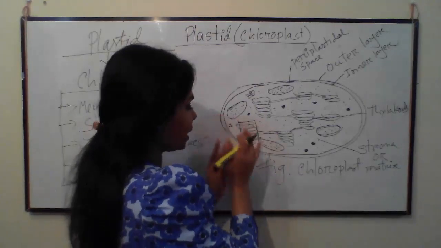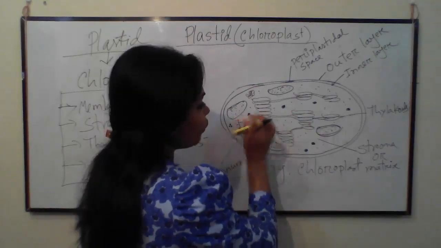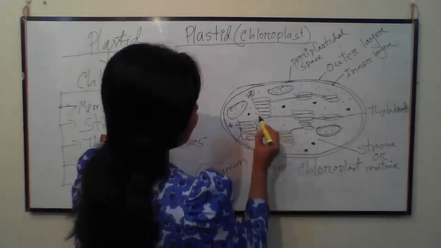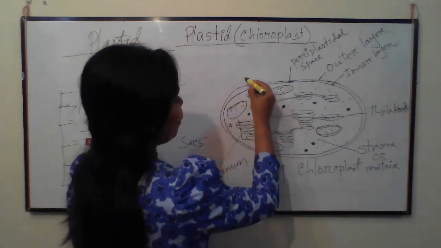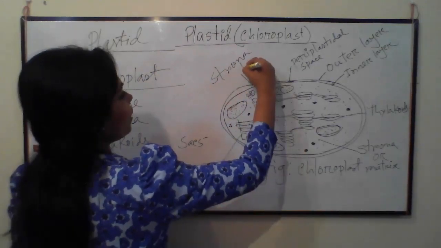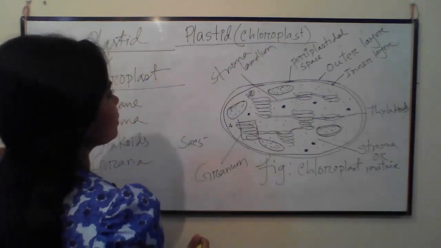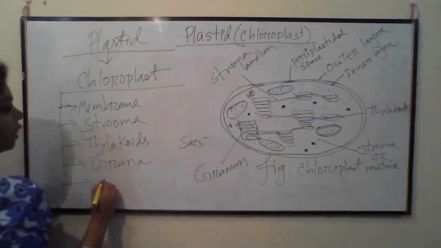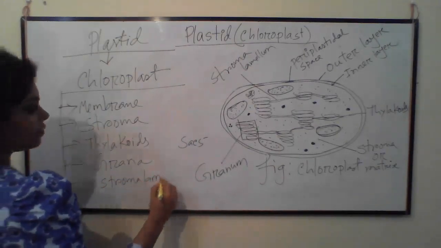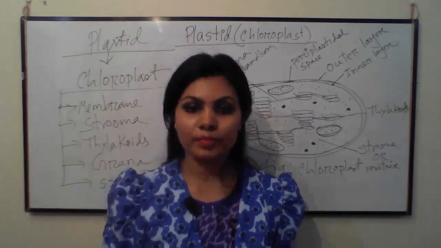Whenever the grana are interconnected with tubular membranes, this is called stroma lamellae.